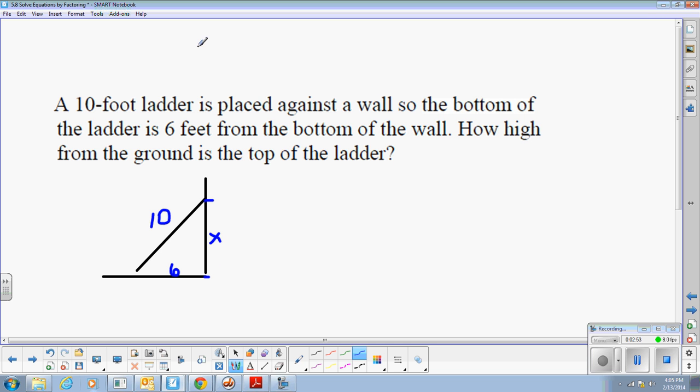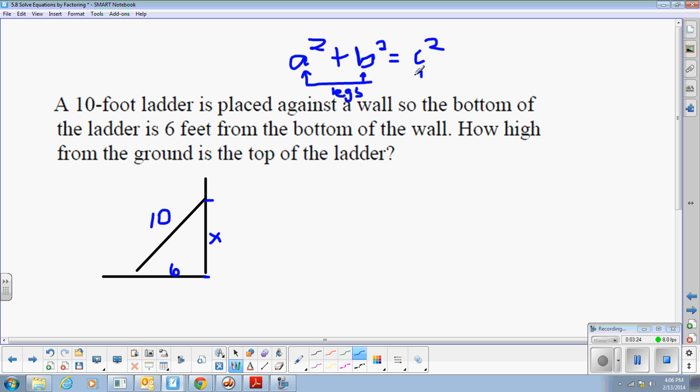Now that theorem, in case you can't remember, is called the Pythagorean Theorem. And the Pythagorean Theorem says that a squared plus b squared equals c squared. With the Pythagorean Theorem, you need to remember that a and b are the legs. This is where we put our measurements for the legs. Those are the shorter sides of the triangle.